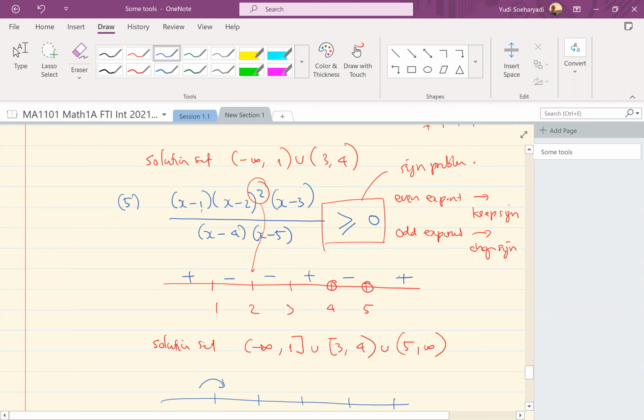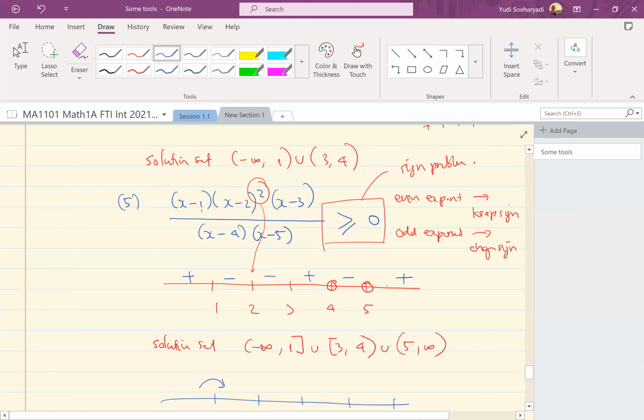Just proceed based on whether you have to keep the sign or change the sign. You keep the sign only across 2 because that has an even exponent. Everything else has exponent 1, which indicates you have to change the sign.